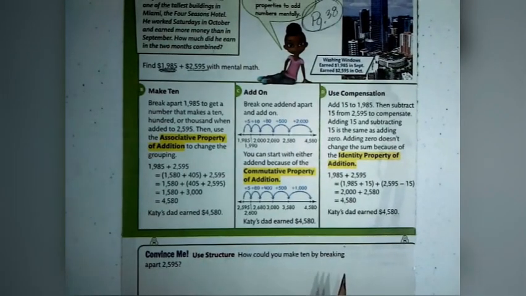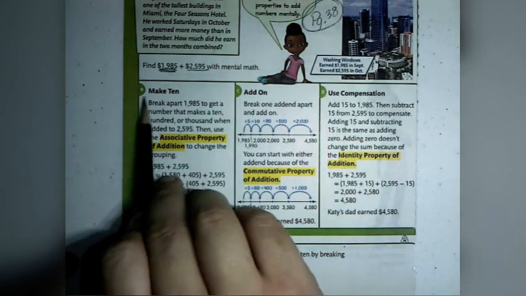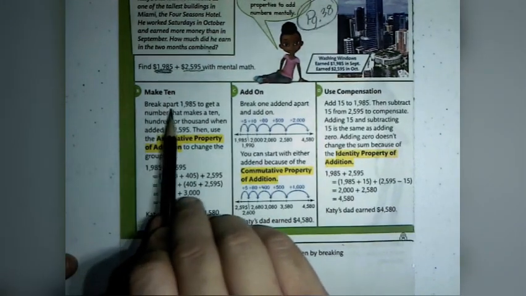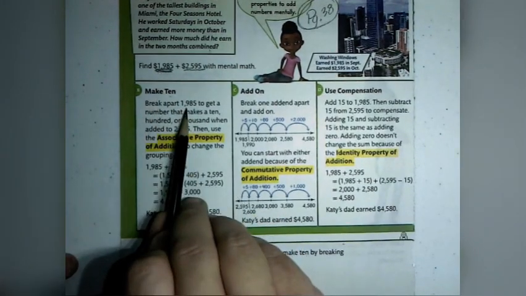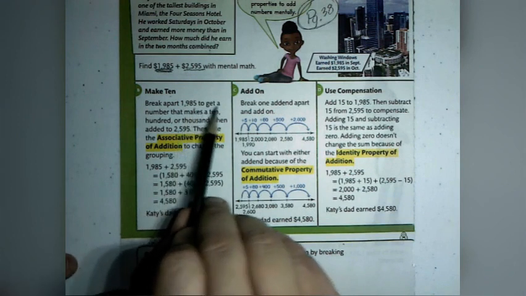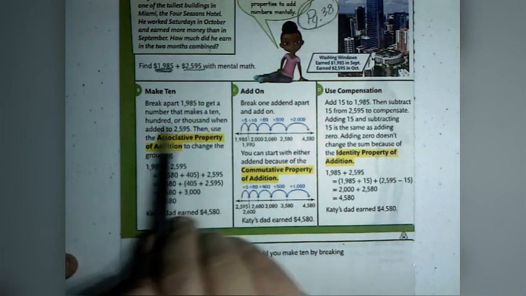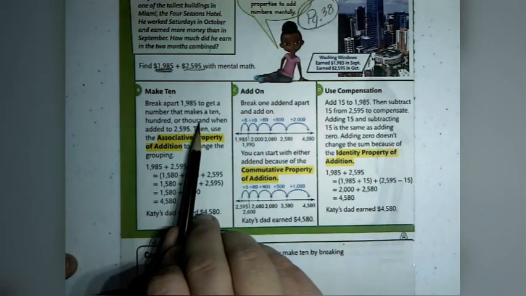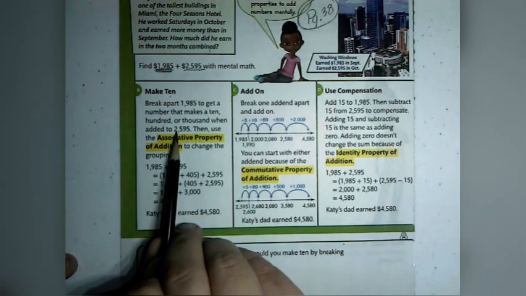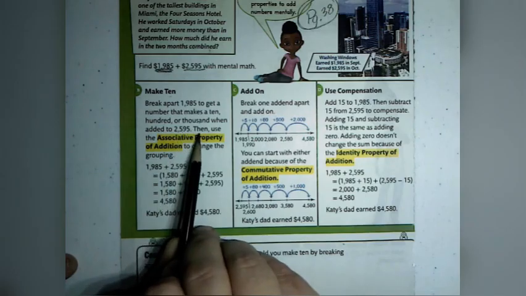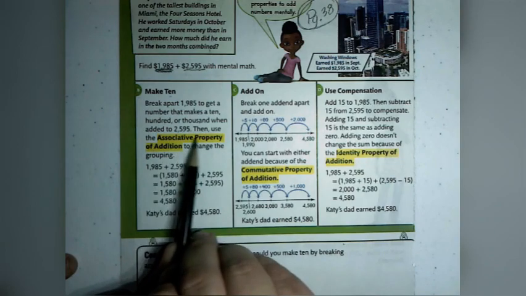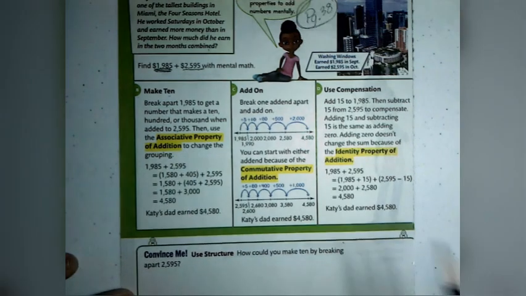Well, these first three boxes down here are going to give us some ideas of how to use addition to solve this problem. Box B says make a 10. We're going to break apart our 1,985 to get a number that makes a 10, 100, or 1,000 when added to 2,595. Then we can use the associative property of addition to change the grouping around.